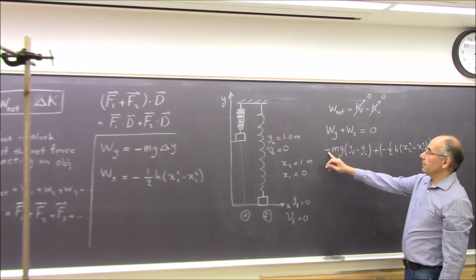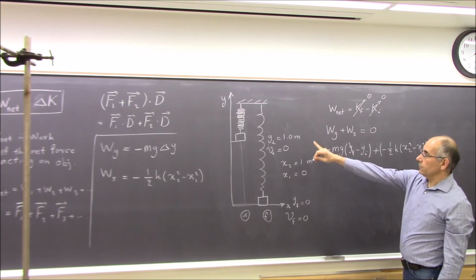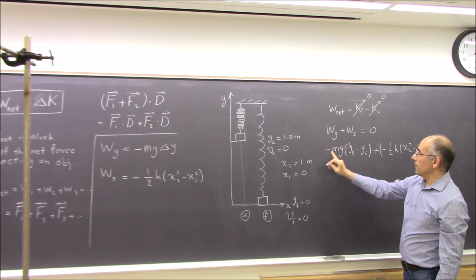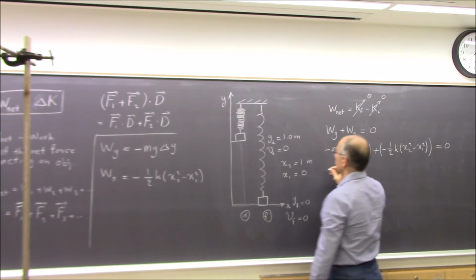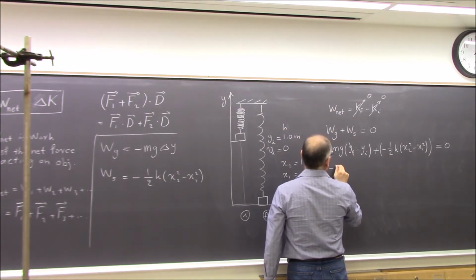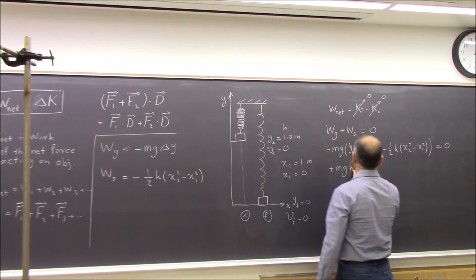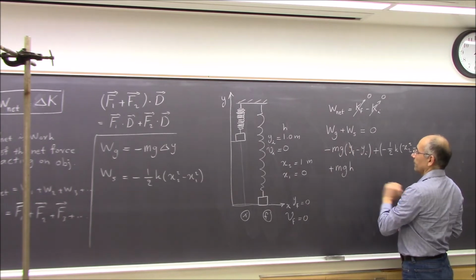So y final is 0, let's drop this, and y initial is just 1 meter. With this negative, negative becomes positive. Let's call it h now in general. We get negative mg, no, positive mgh for this part. h is 1 meter.